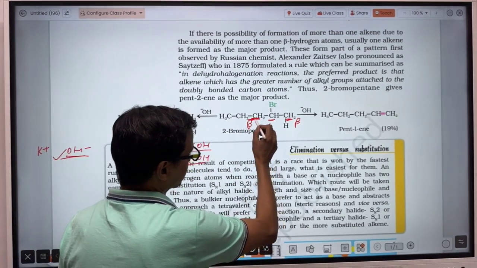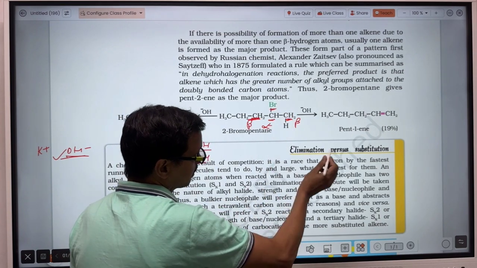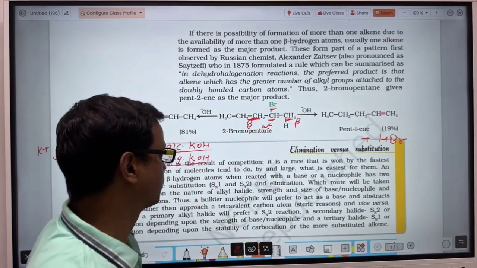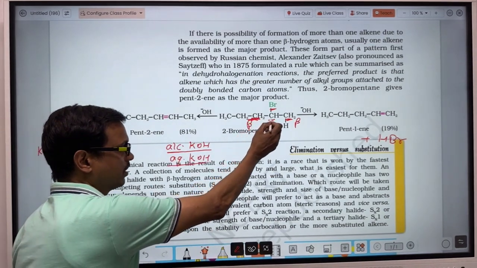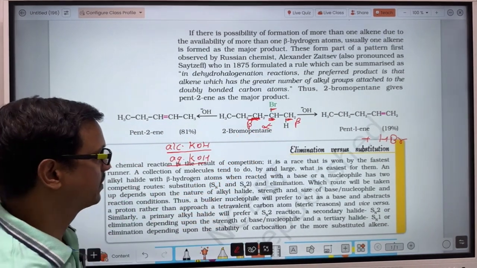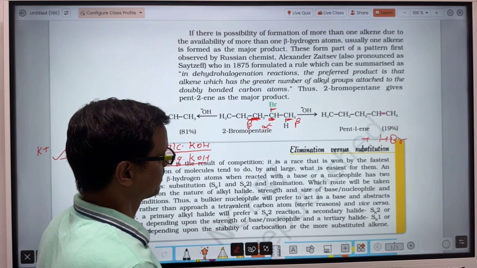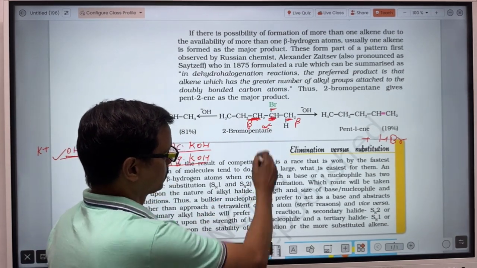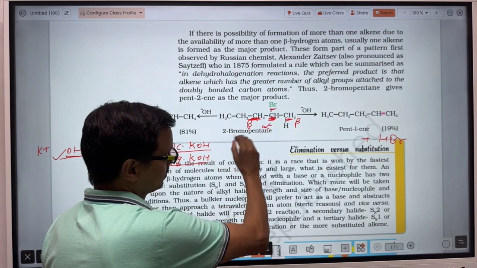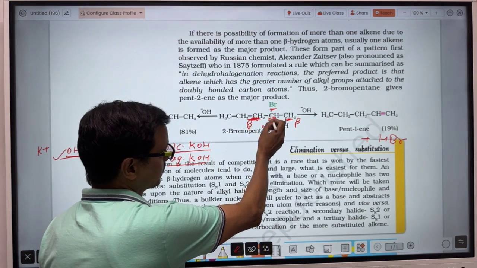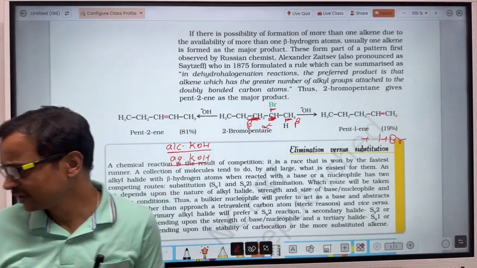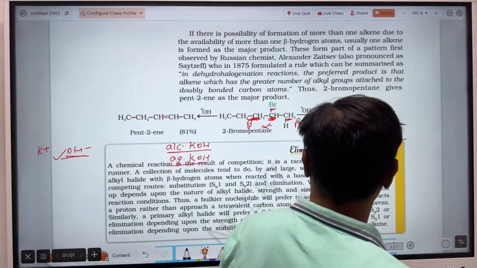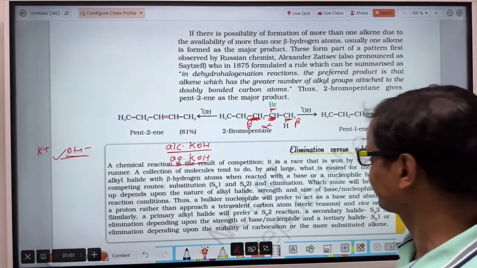One hydrogen of this carbon combines with bromine and forms HBr. When hydrogen is removed from this carbon and halogen from this carbon, the valency of both carbons becomes unsatisfied. To satisfy their valency, a double bond forms between both carbon atoms.